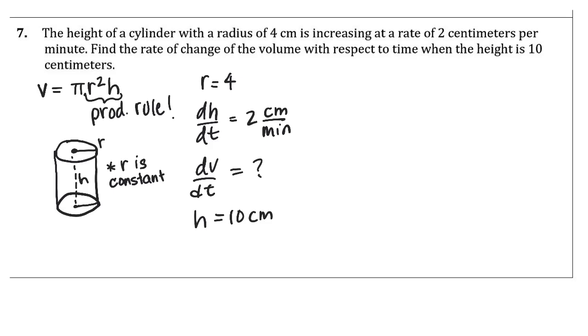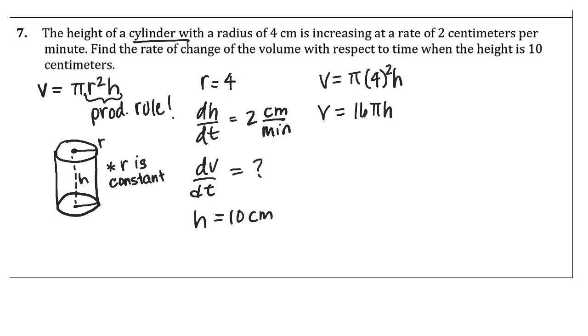Now, with a cylinder it will be, but when we see a cone, it might not be. So before we do our derivative, we know r is going to be constant, and we're told that it is 4. So let's go ahead and substitute that in so we can stay away from that product rule. So that's going to be 16 pi h.